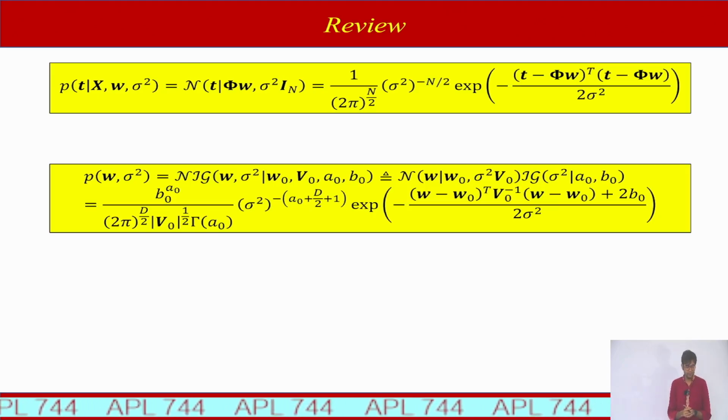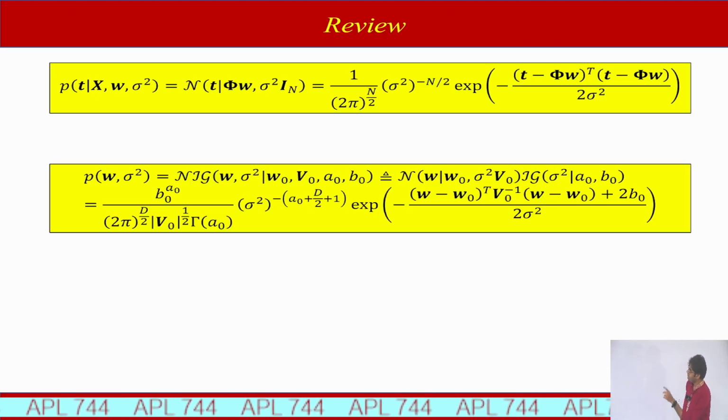So to quickly review what we discussed: the likelihood will take the following form, the first equation from the last lecture, which is the same likelihood as the case when sigma square was known. So the likelihood does not change whether sigma square is known or unknown, and that is the first equation.